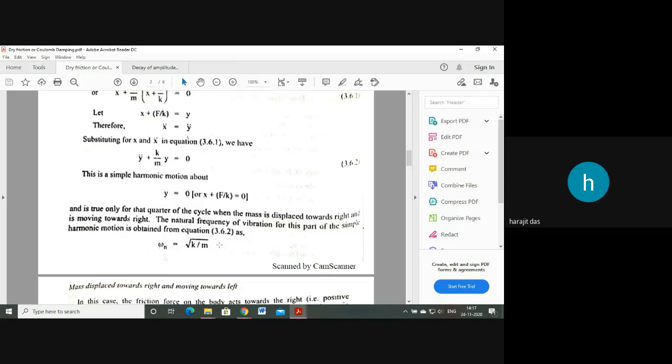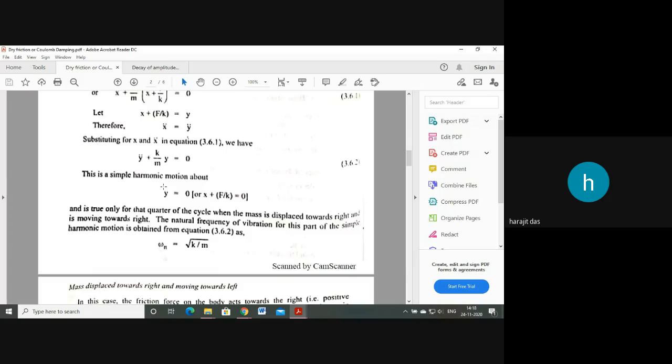If you want to describe these two conditions, then you need to write that the system is having simple harmonic motion with respect to y equals 0 only for that quarter of the cycle when the mass is displaced towards the right and moving towards the right. So this is the equation for one quarter cycle.